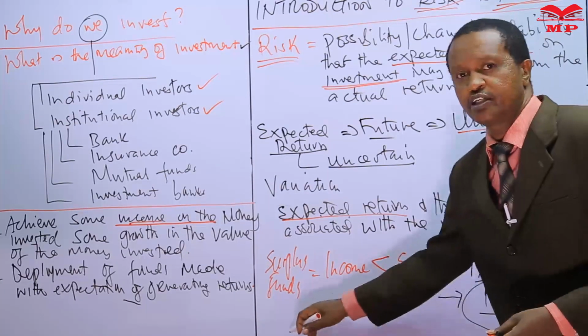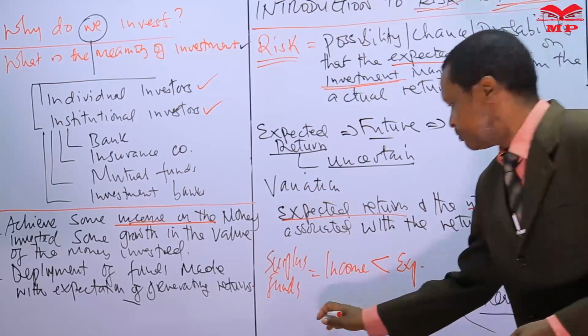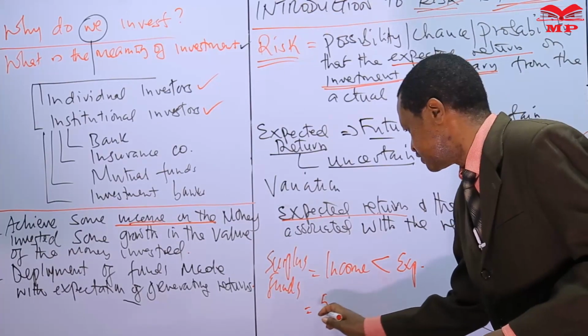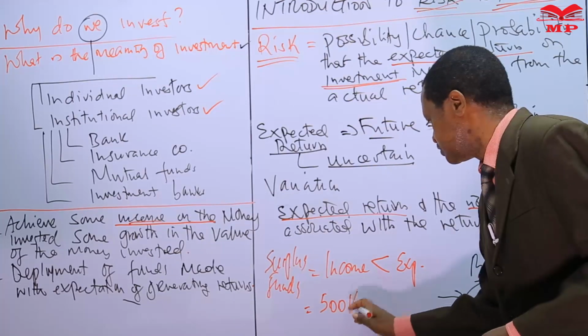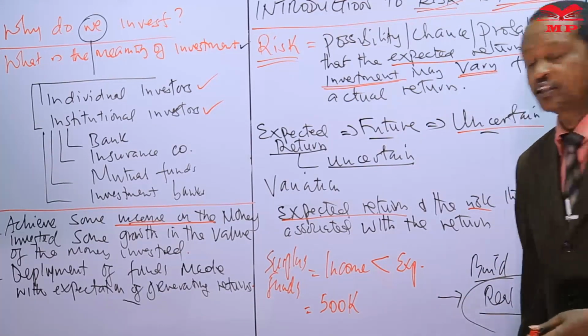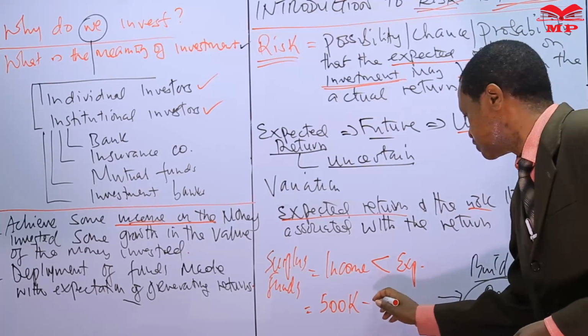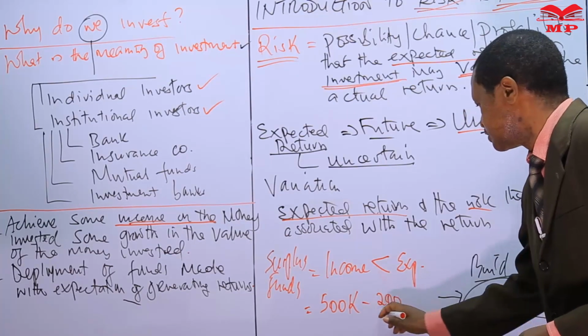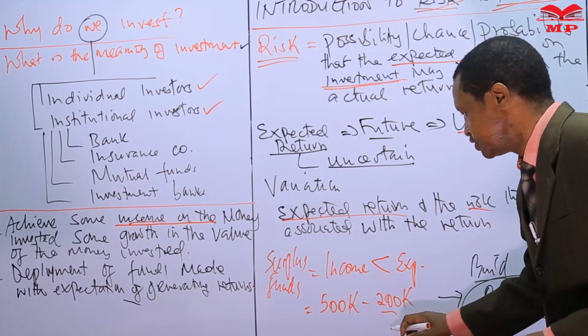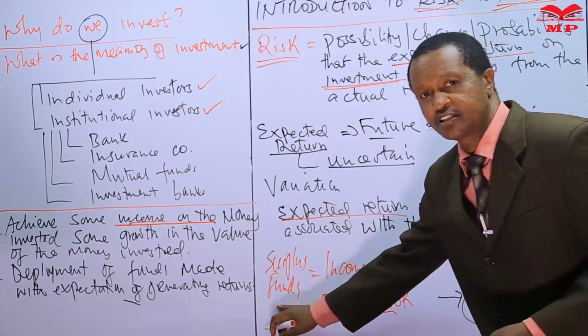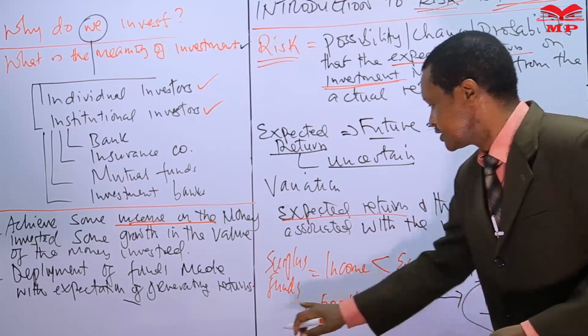For example, if you're an accountant, your monthly salary is 500,000 and your monthly expenditure is 200,000, then you'll have 200,000 shillings as surplus funds, excess funds.